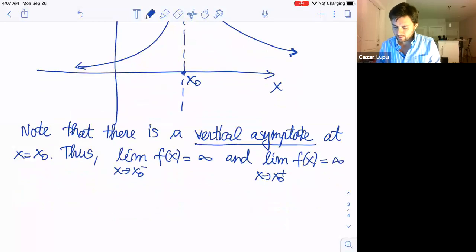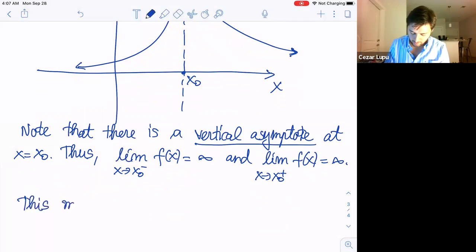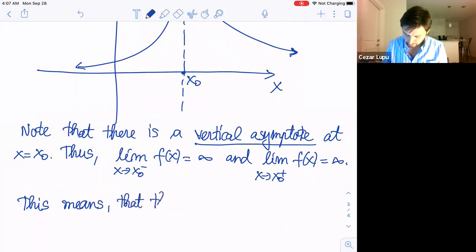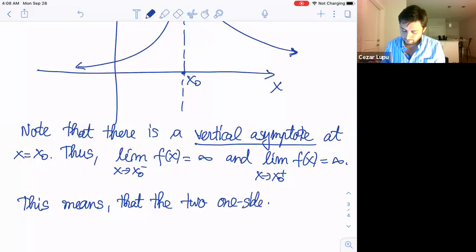So even in this scenario, this means that these two one-sided limits do not exist.